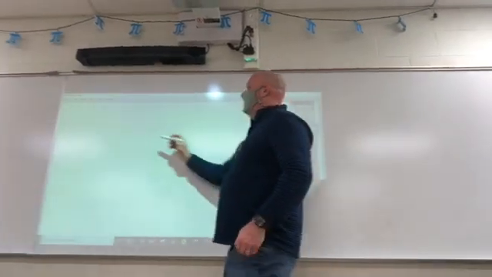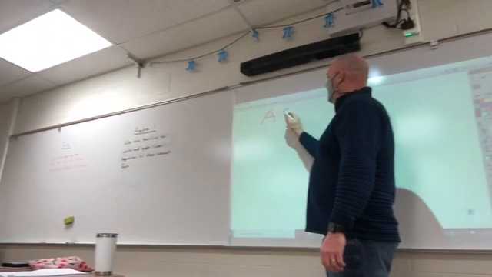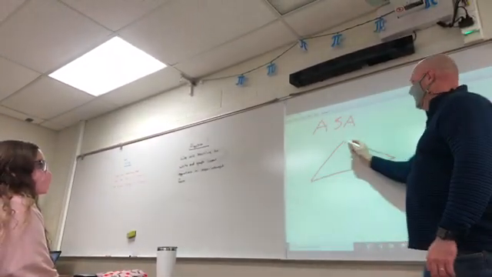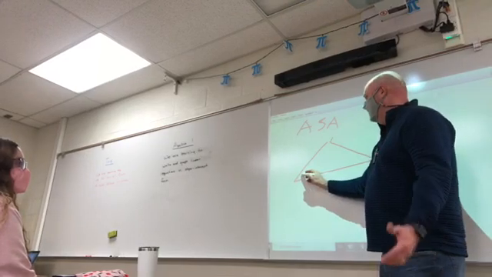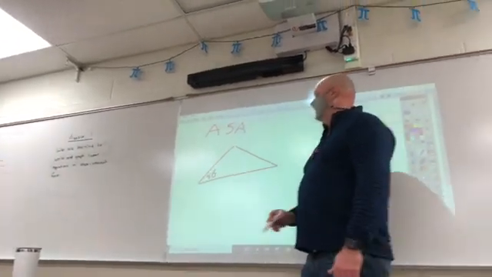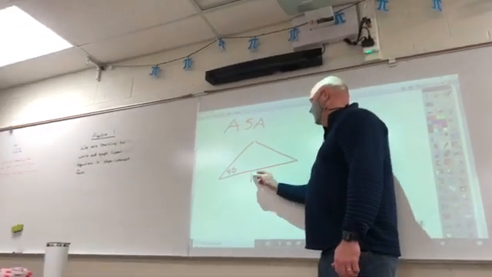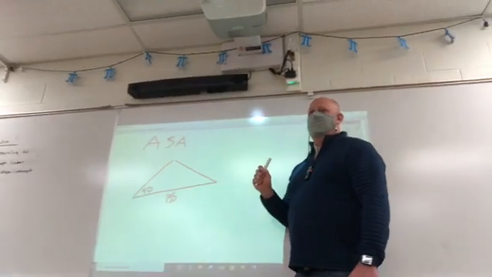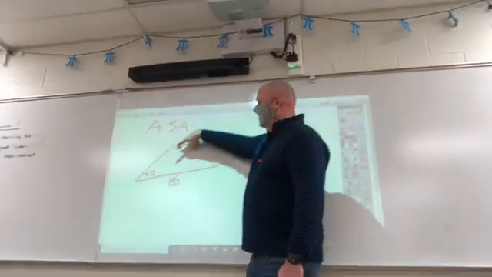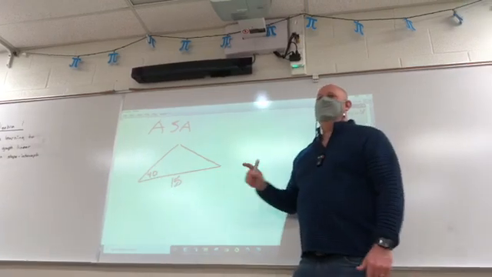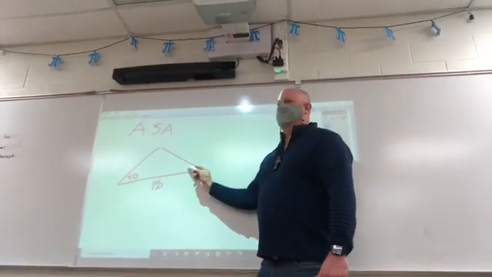Basically, I would give you an angle, we'll call this 40 degrees, and then I would give you a side, 15, and then where would angle, side, angle be? Would it be this angle? No, because that would be angle, angle, side, right? So this angle over here would be the one I would give you.